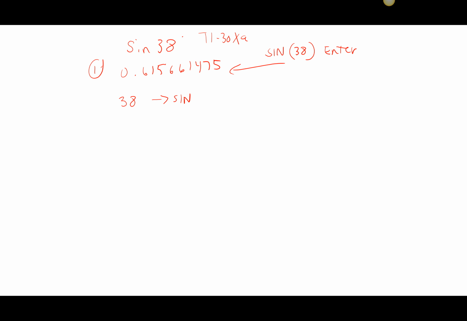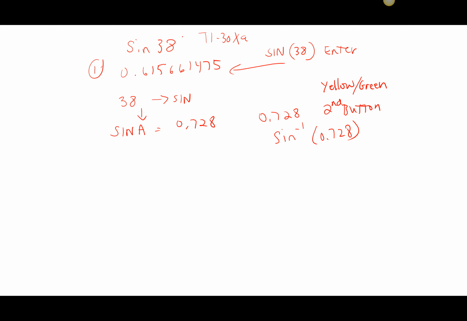Now, what if we need to find the angle? So what if we have sine A equals 0.728? So we're looking for A. So with the TI, you'll type in 0.728, and then you'll click the yellow second button, or green. It's either yellow or green, depending on which model you have. And then you click the sin, which gives you sine -1 of 0.728 is what you're really looking at, okay?